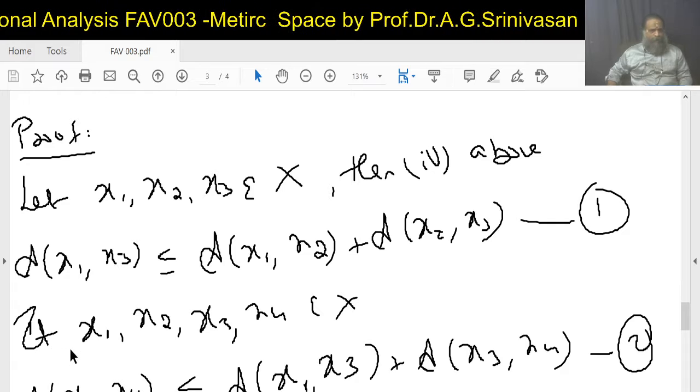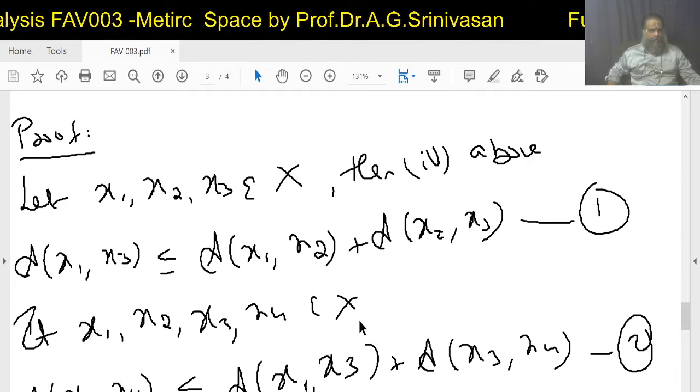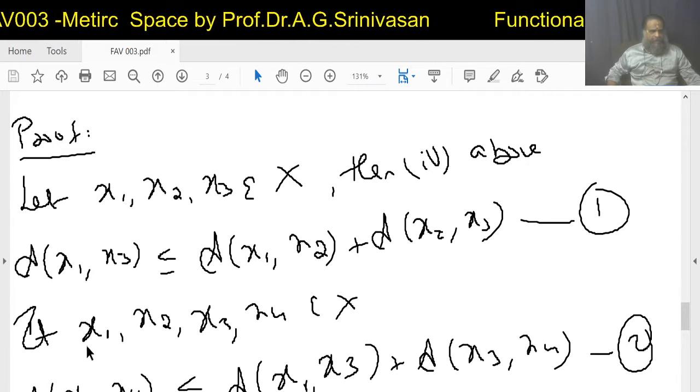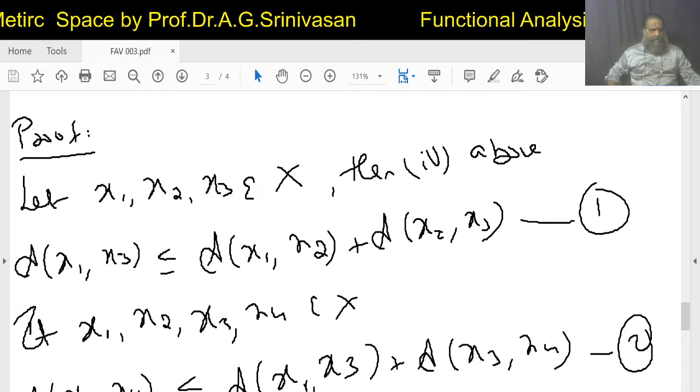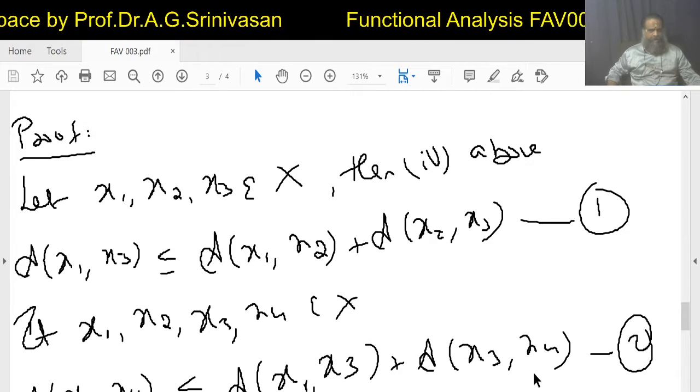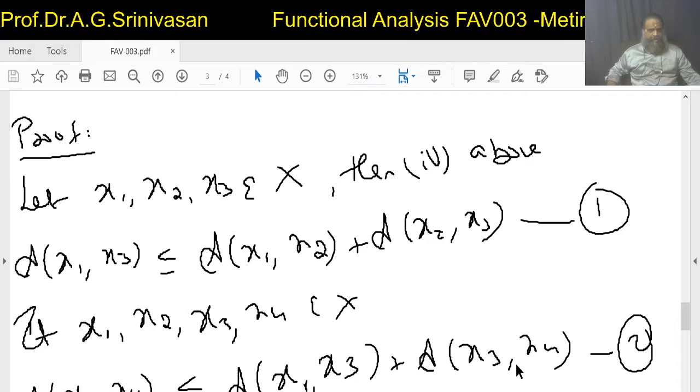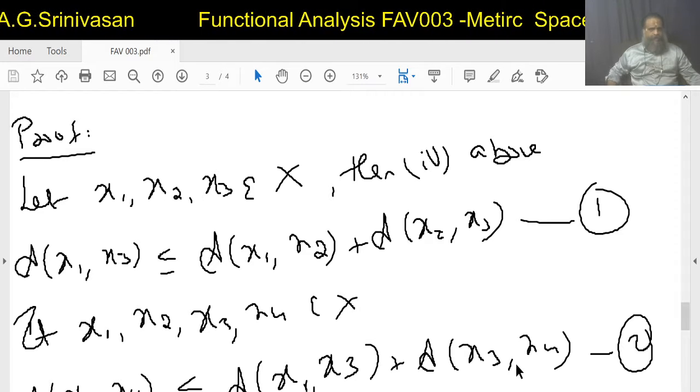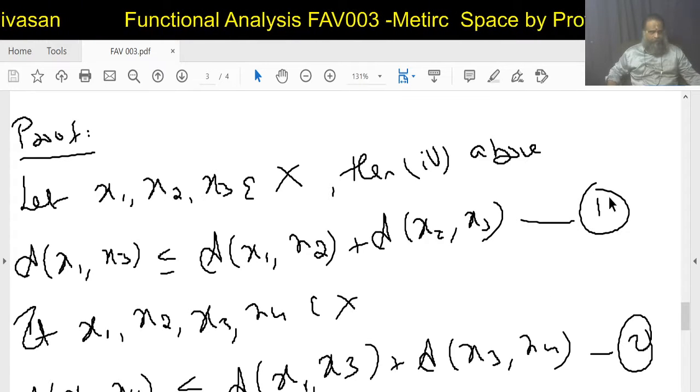If you take 4 points x1, x2, x3, x4 belonging to X, D of x1, x4 is less than or equal to D of x1, x3 plus D of x3, x4. Again, we use the triangle inequality and also equation 1, which we have shown here.